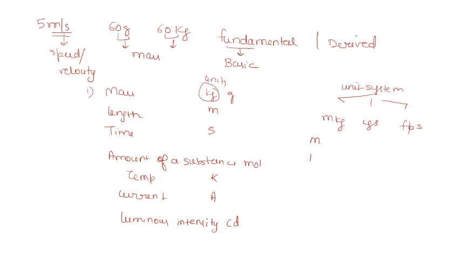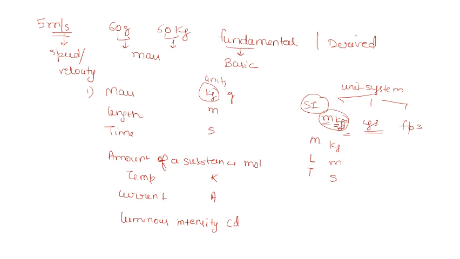When your mass, length, and time are in kgs, meter, and second, we are talking about MKS. Then this is MKS system, and this is called SI unit, that means Standard International Units, and it is applicable everywhere.